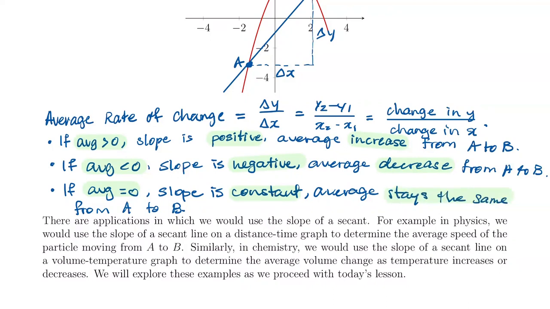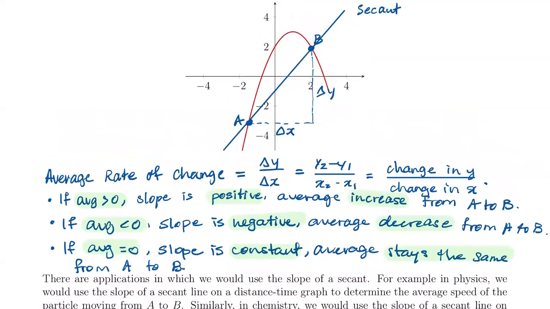So there are applications in which we would use the slope of secants. For example, in physics, if we have a look at the distance time graph, we would use it to determine the average speed of a particle moving from A to B. So let's say that the particle is moving from A to B, going all the way around to B, and we want to determine the average speed between A and B. This is when we would use a secant to determine the average speed.